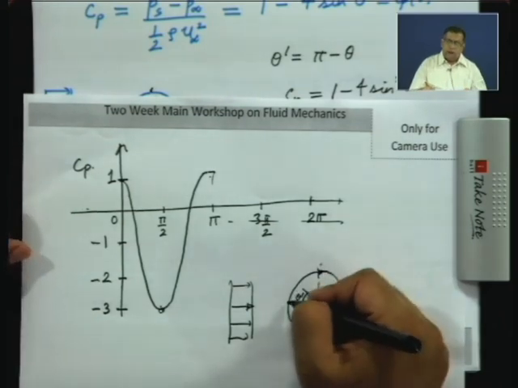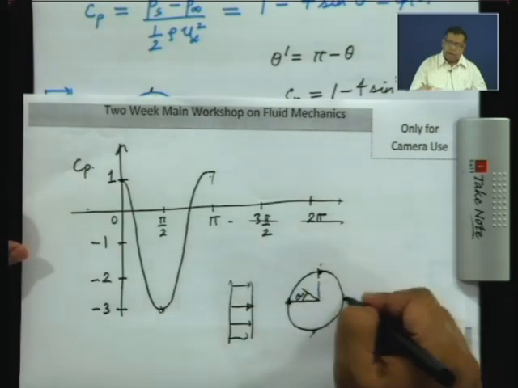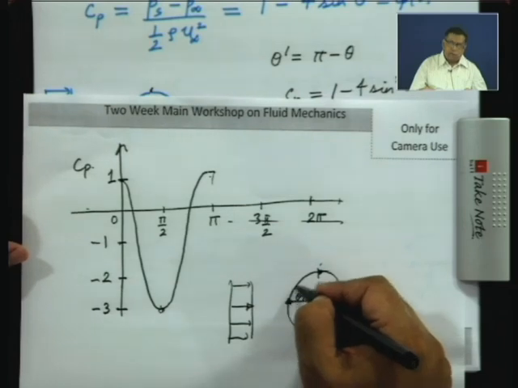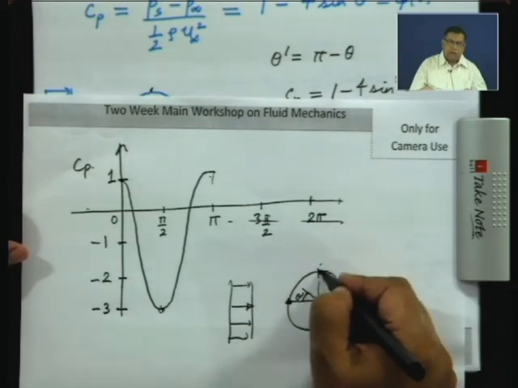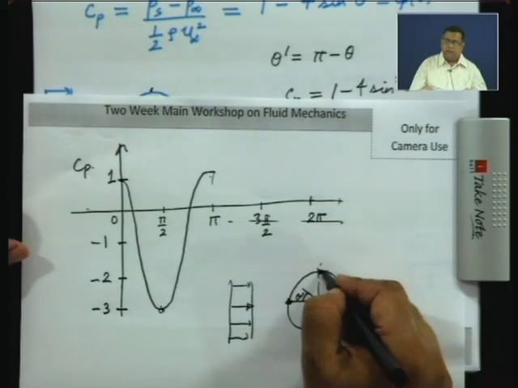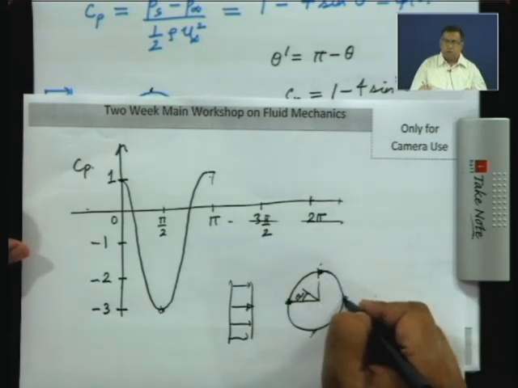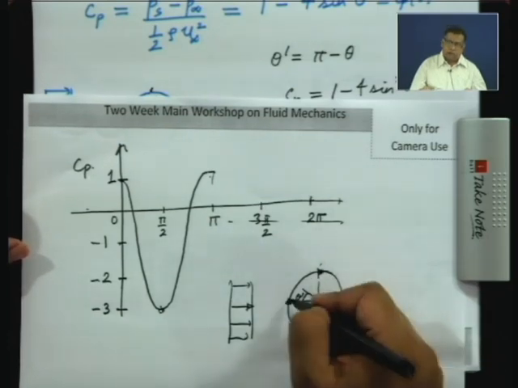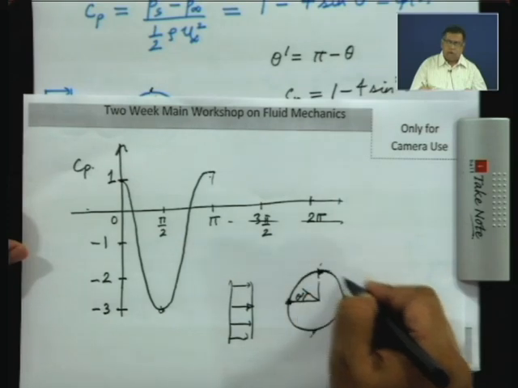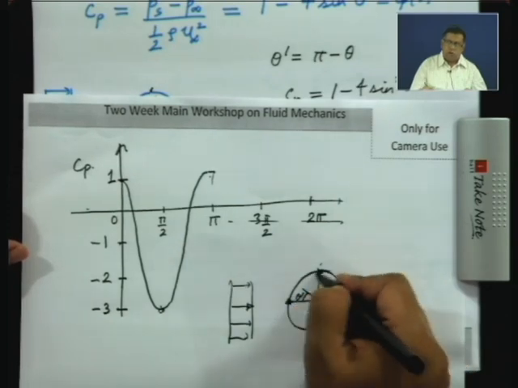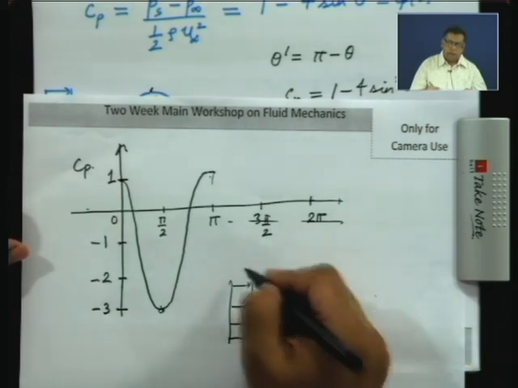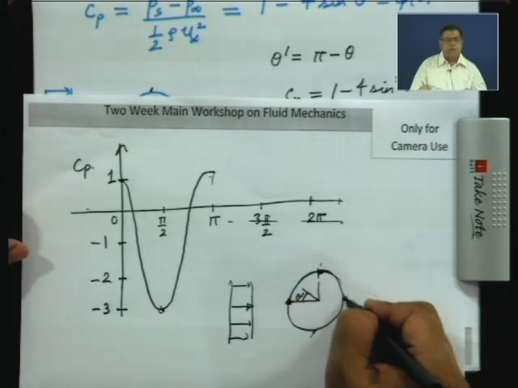Now, as you can see, if you look at the velocity, the slip velocity along the surface, it is 0 here and is 0 here. It is accelerating from 0 to a maximum velocity here, which is 2 u infinity, and then it is decreasing again to 0. So, the magnitude of the slip velocity on the surface of the cylinder goes from 0 to 2 u infinity, twice the u infinity, and then it decelerates back to 0.